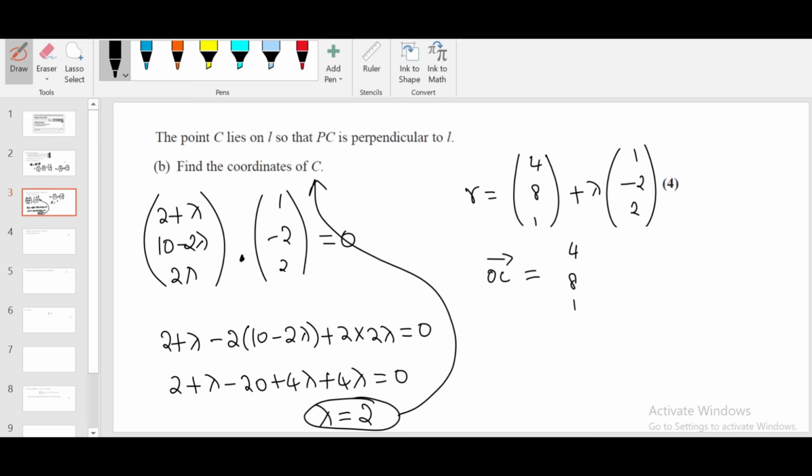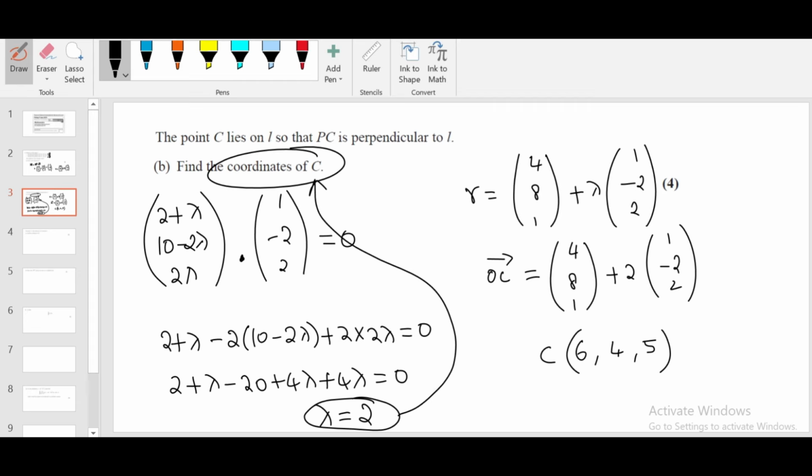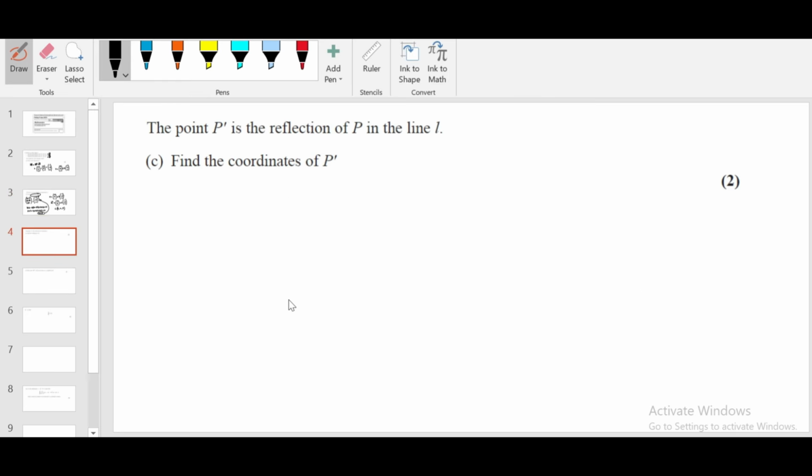You will get (4, 8, 1) plus 2 times (1, -2, 2). So we'll get 4 plus 2 is 6, 8 minus 4 is 4, 1 plus 4 is 5: (6, 4, 5). Why am I not writing it in vector format? Because they want the coordinates, they are not asking about the position vector. So (6, 4, 5) is the point C. That's all. Let's move on to the next part of the question.